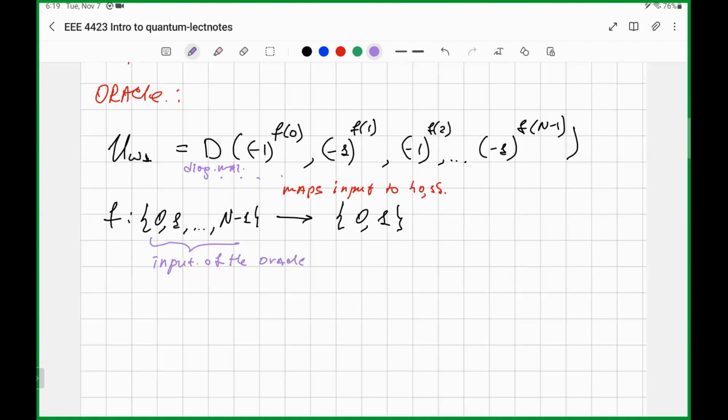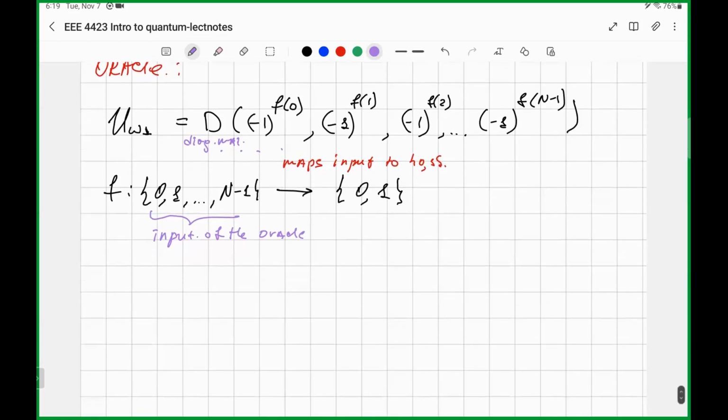in a certain way. For example, we will discuss the example of two qubits today, and that example will be based on flipping one sign, putting one minus before one of the amplitudes in the superposition.